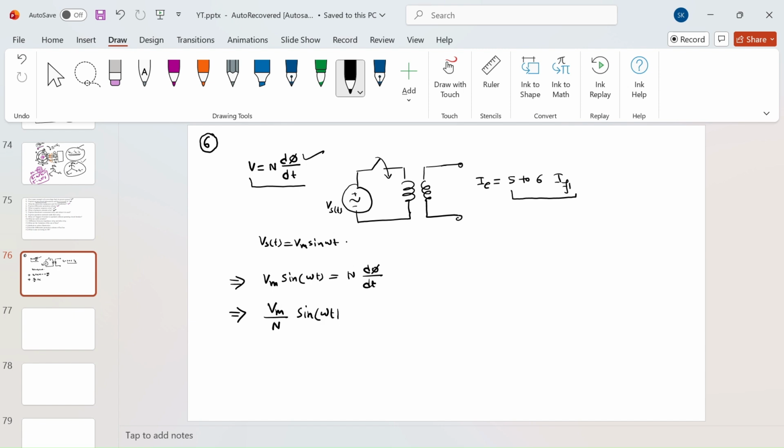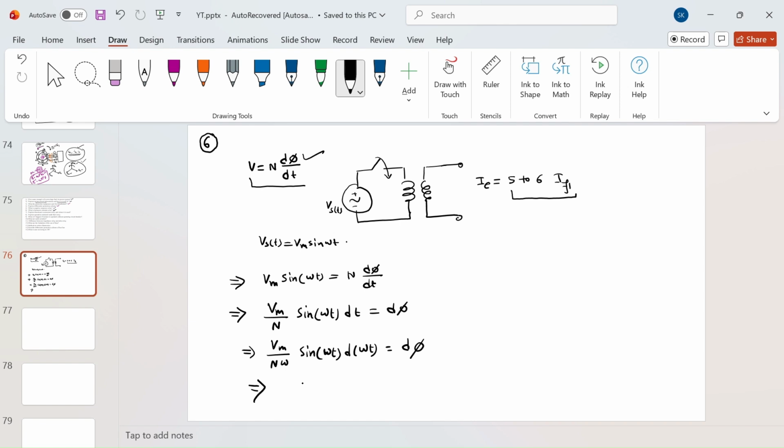If you rearrange this, you will get this, and I want to convert dt into a function of d of omega t: Vm by N omega, sine of omega t. I have discussed inrush current in one of the videos, and you can watch that video. But to explain this relay, I should explain these things again, then it will be easy for you to understand.